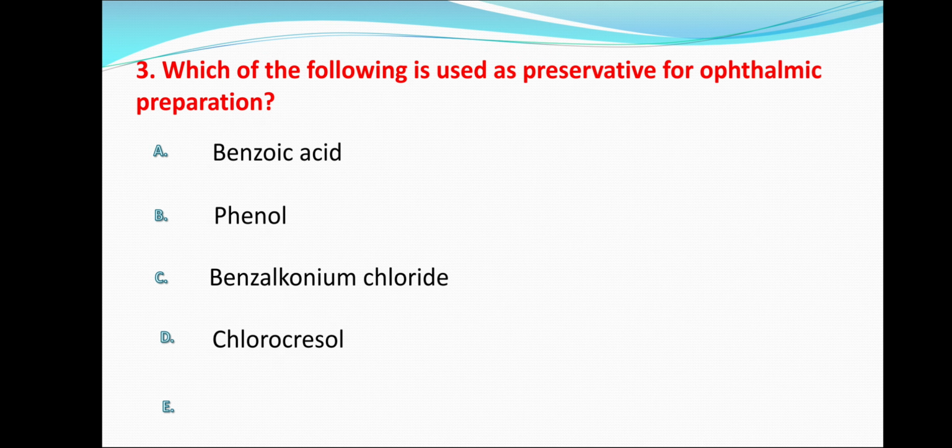Next question. Which of the following is used as a preservative for ophthalmic preparations? The options are benzoic acid, phenol, benzalkonium chloride, chlorocresol. Here the most appropriate answer will be option C, that is benzalkonium chloride.